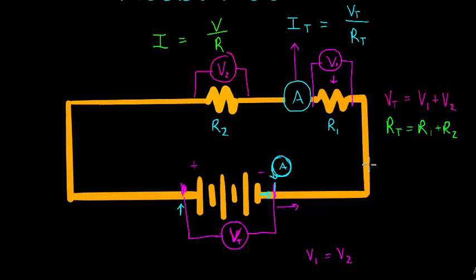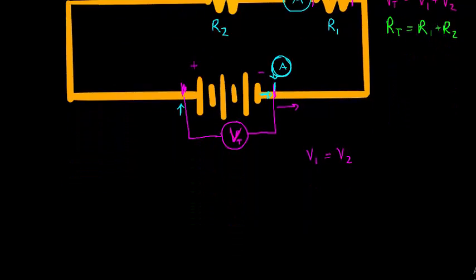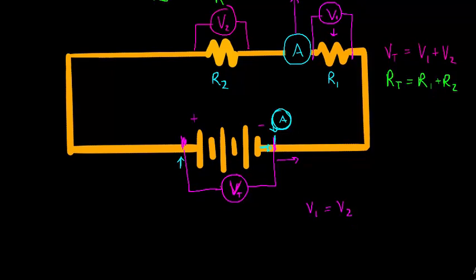And now what will my current be equal to? My total current, I've been doing current in blue, would be equal to my total voltage divided by my total resistance.